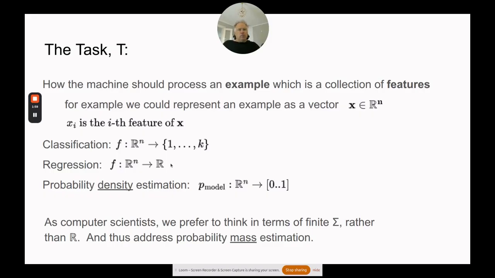Then there's regression. With regression, we're not mapping to just one of k classes. We're mapping to a real value. This might be creditworthiness or something in a financial domain. Another type of task is probability density estimation.